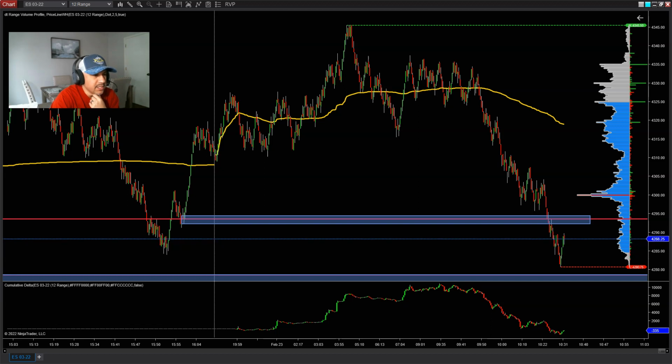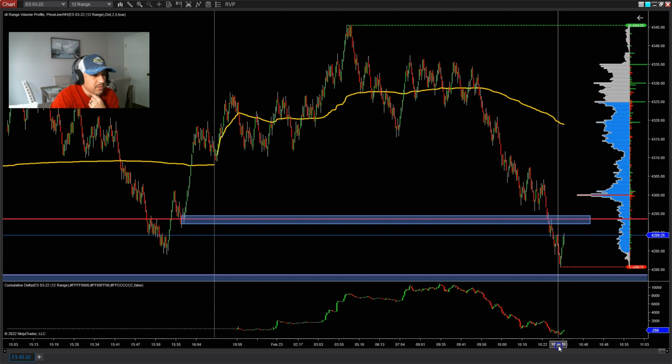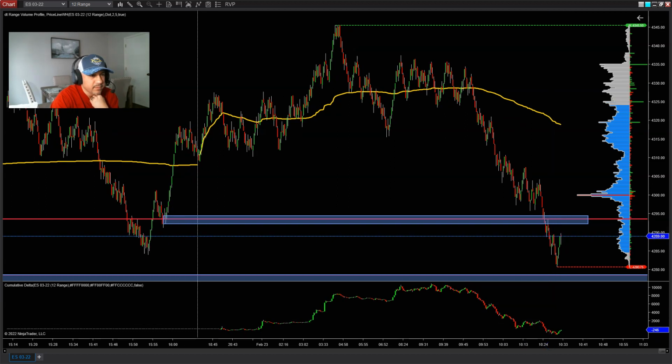You guys see all that selling on the cumulative delta to the downside, right? Right now we got a little pop up, green right here, so there's some buying coming in on the candle delta. Hopefully you guys can see that.